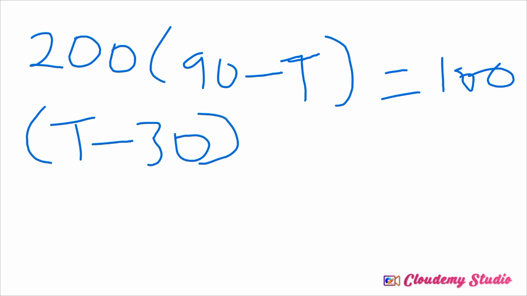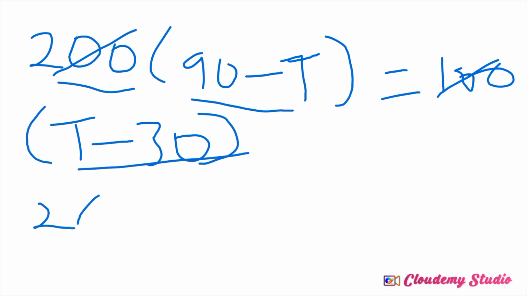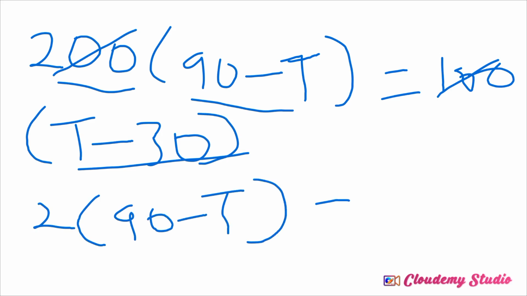Let's just make things easier for ourselves. This 100 should cancel into this 200, so we're left with 2. That would be 2(90 minus T) equals T minus 30.